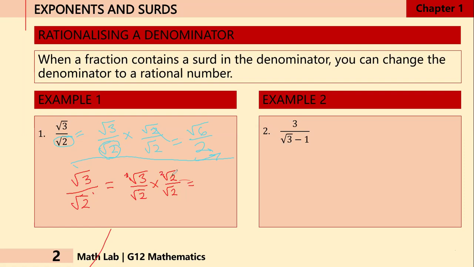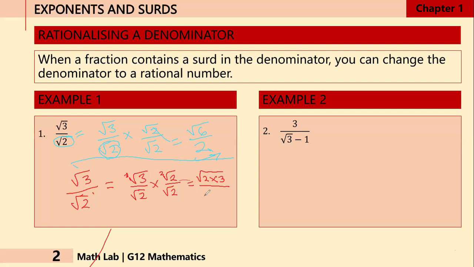So we can multiply the insides, the 3 and 2, so we can put them under one square root. So it's going to be root 2 times 3 over root 2 times 2.